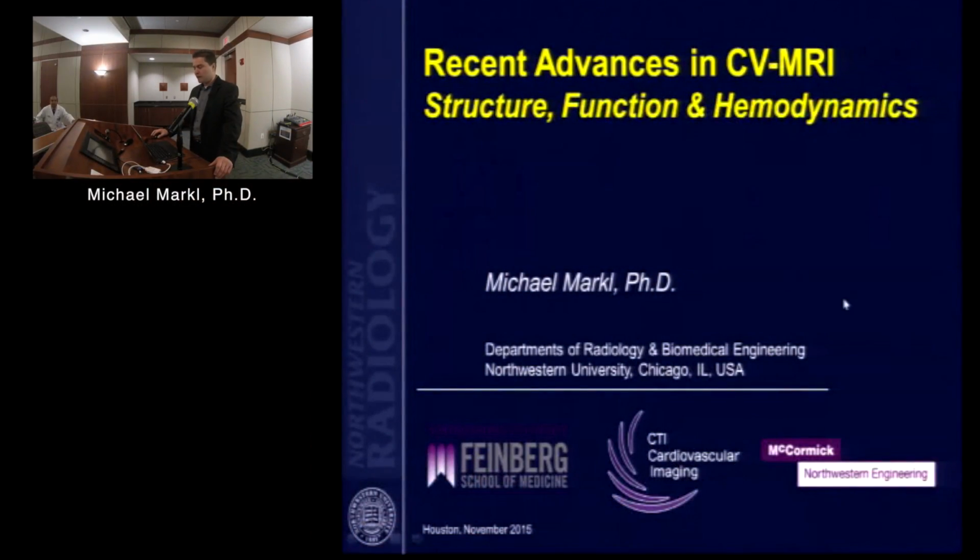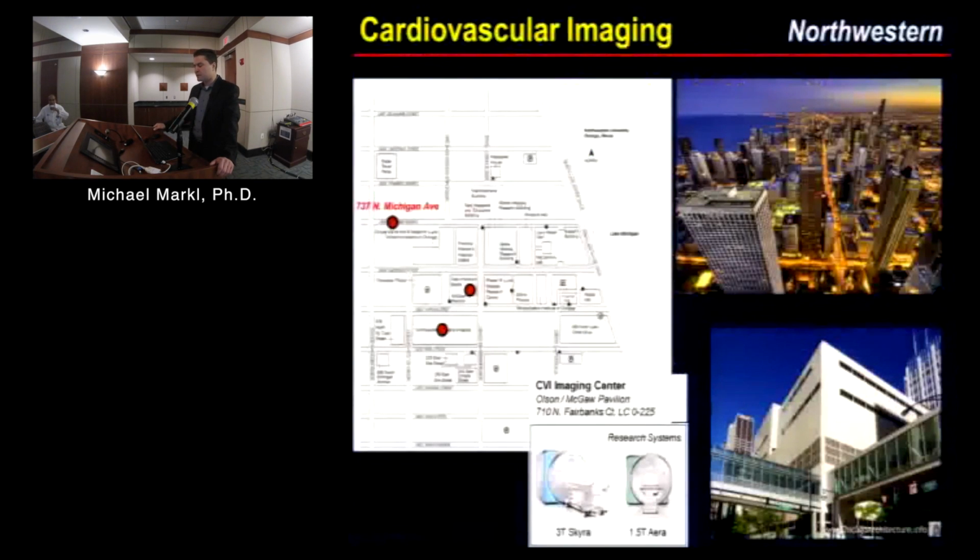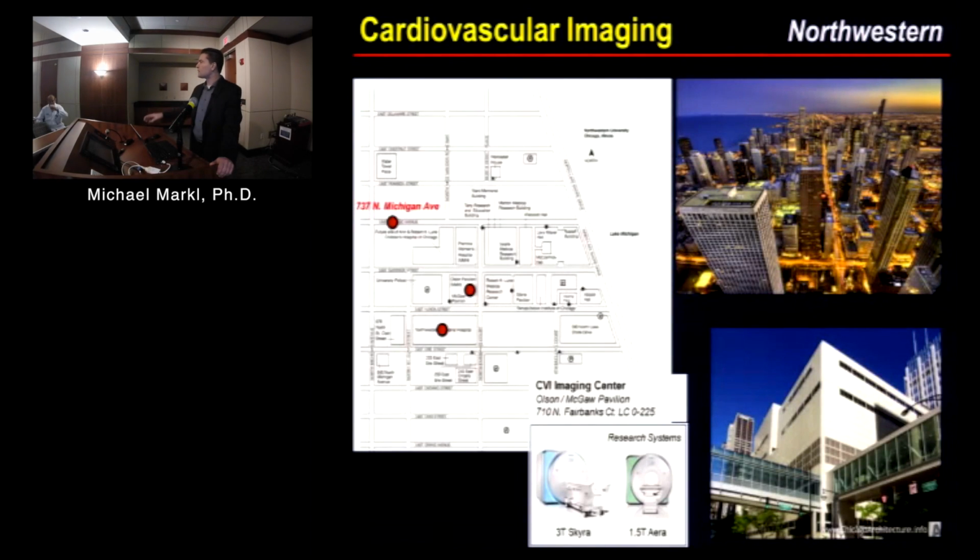Before I get started, just a couple of words about Northwestern University. We are located right downtown Chicago, next to the lake. Our campus is a little bit similar to what you have here, a downtown campus area with a lot of buildings all connected, probably not as big as in Houston here.